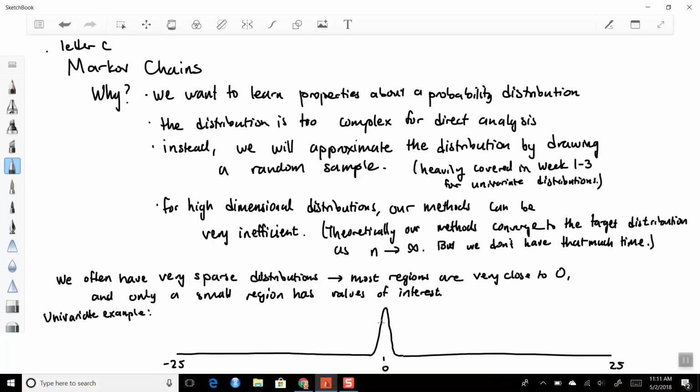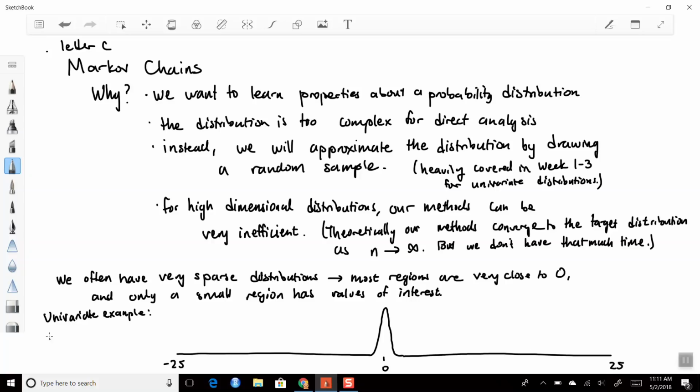And can you imagine if we did rejection sampling using a uniform proposal distribution, uniform -25 to +25, okay? Like 90-something percent of those values that it proposes are going to be rejected, and only values in this tiny little hill will be accepted, and pretty much everything else will be rejected, okay?